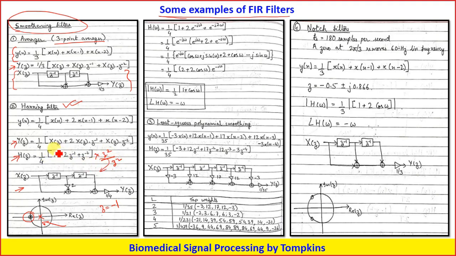So in the numerator we would get z square plus 2z plus 1 divided by z square. Okay, so when you equate the denominator to 0, you would get two poles at the origin, right? We have previously discussed this. I hope everyone has understood what I am telling, right?